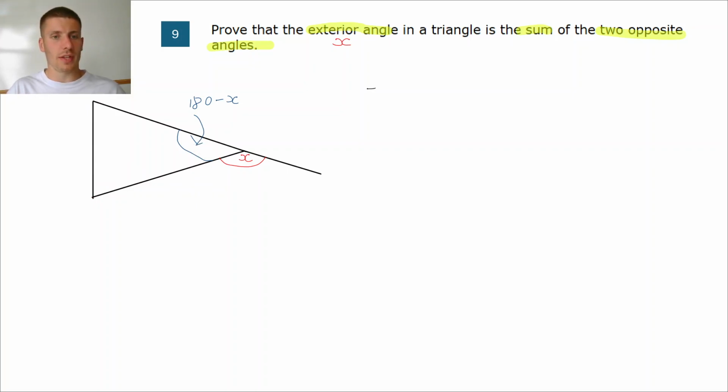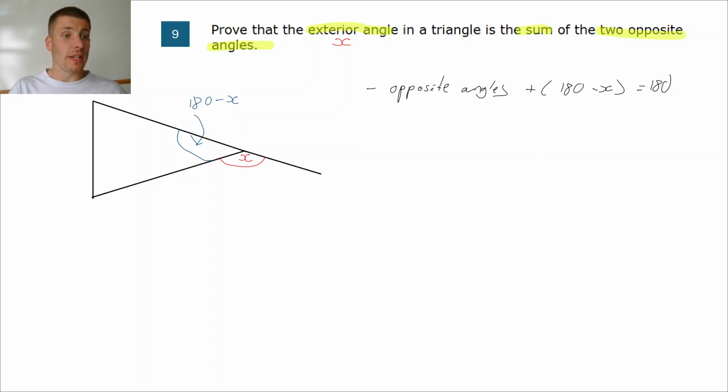So let's write it: the opposite angles, which are these two here, plus this one, so plus 180 minus x, must equal 180.